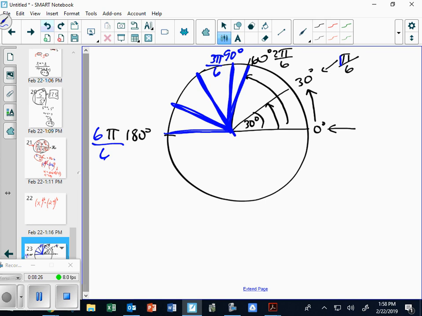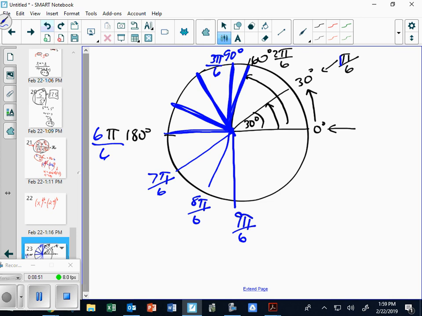And then you can keep going. 7 pi over 6, 8 pi over 6, 9 pi over 6. Could you reduce 9 pi over 6? Yeah. What would it be? Also known as 3 pi over 2.